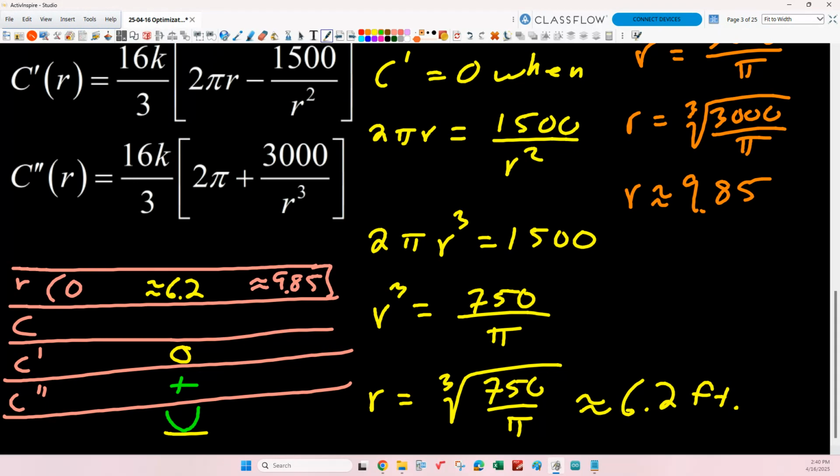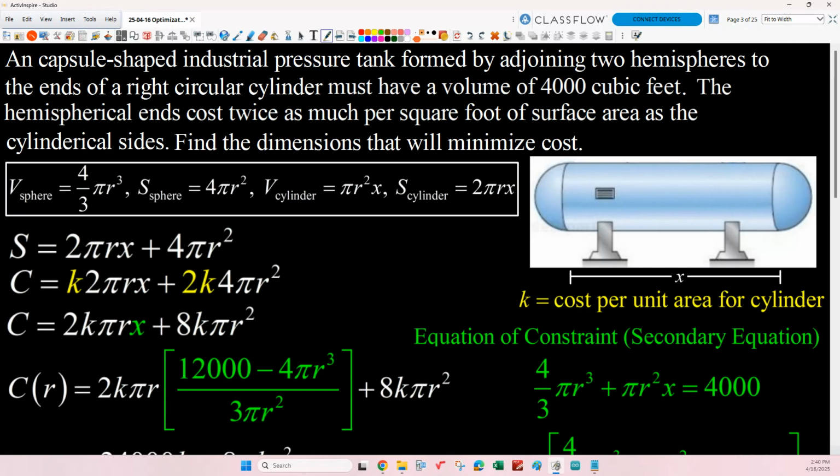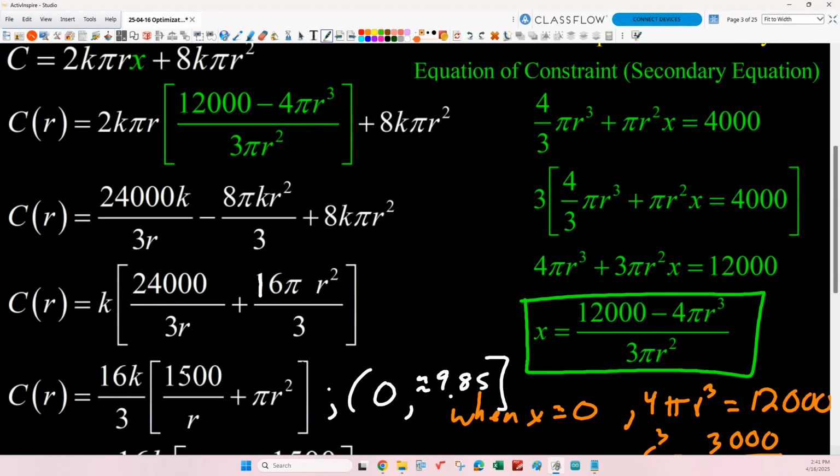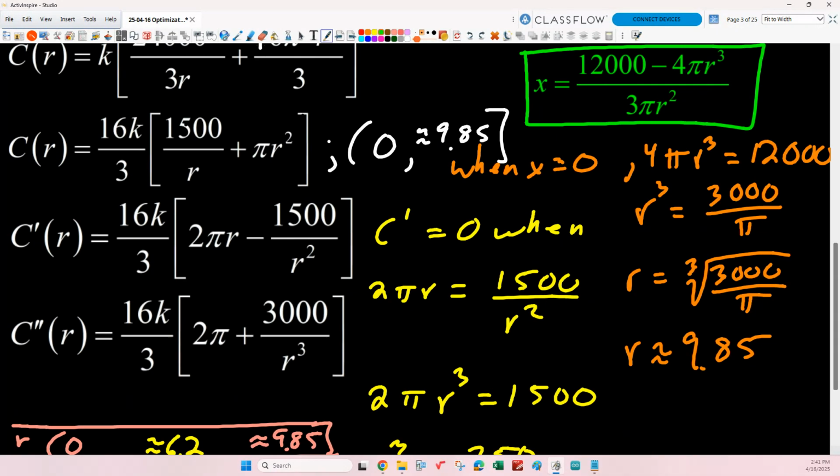Now, what did they want us to tell them on this one? They wanted to know, find the dimensions that minimize cost. So we found r.